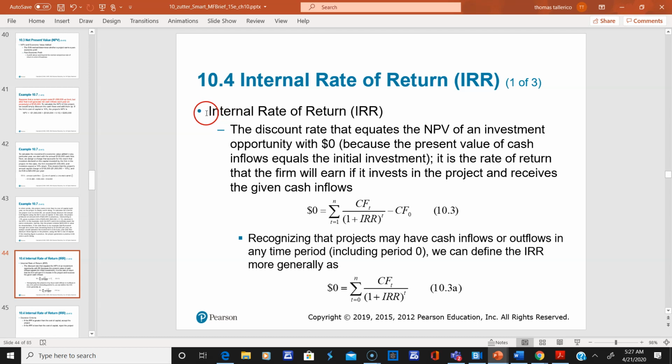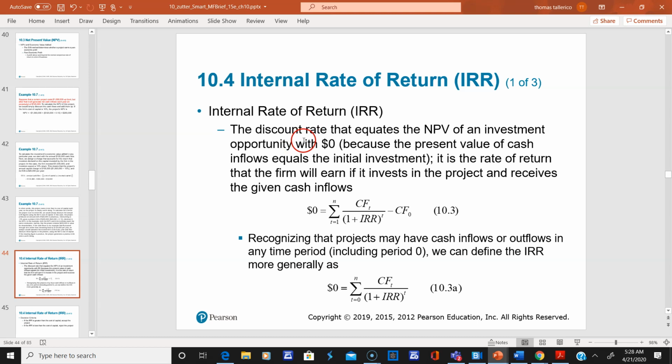So this topic is associated with net present value and what internal rate of return is telling you.